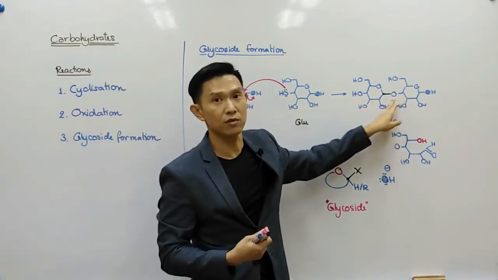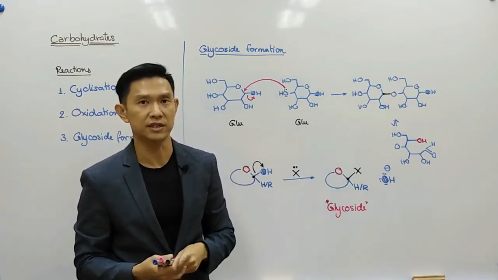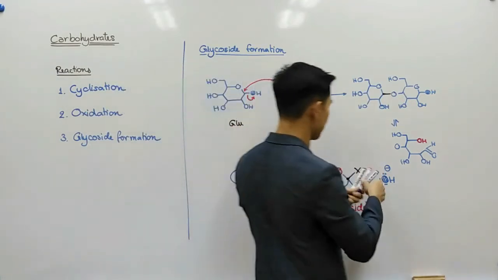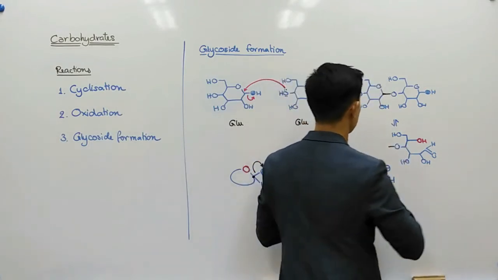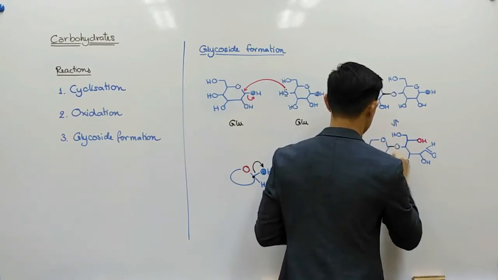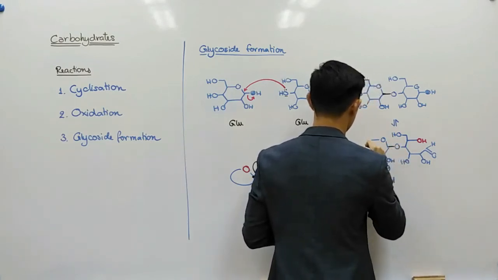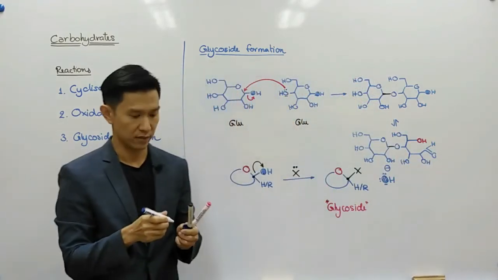But this is a CO bond, which is very strong. You cannot cleave the CO bond very easily. So if you cannot cleave the CO bond, that means this one stays like this forever. You cannot open the left hand ring. You can open only the right hand ring, like that.